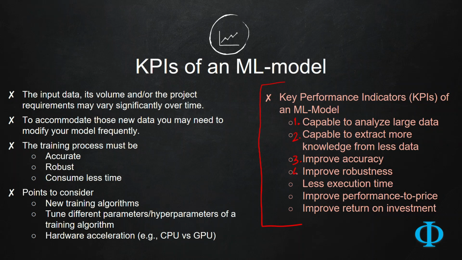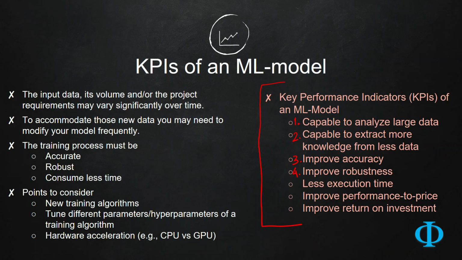Number four, your machine learning model should be robust enough to handle different types of situations. Maybe your client's data will change, more data will be added. Is your machine learning model ready to handle that situation?